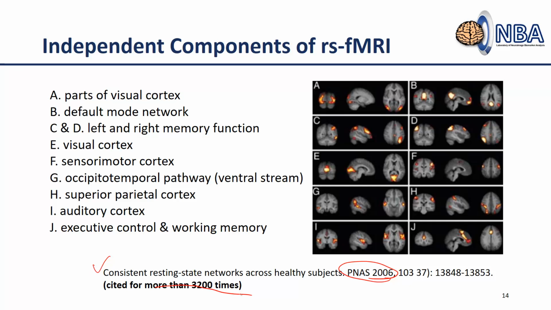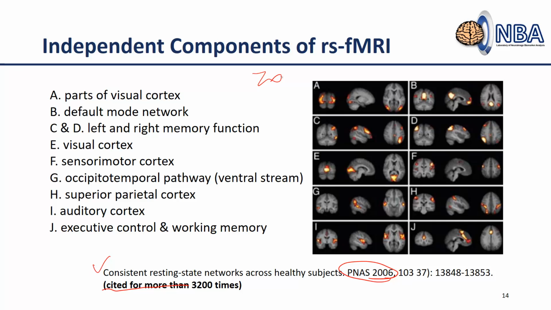However, this paper didn't do a large population study. They only collected 20 subjects' fMRI data sets and performed the ICA analysis there. They tried to identify whether there is a consistent pattern we can observe across different subjects, to say we have consistent patterns for the resting state brain networks.